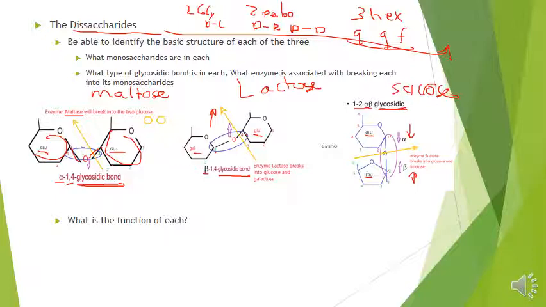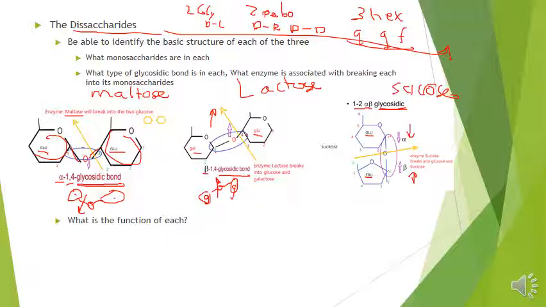So notice you have to recognize these. Maltose will look like that, where you have the glucose pointing down, so it'd be alpha 1, 4. Lactose has galactose and glucose, and it's pointing up, so it's beta 1, 4.